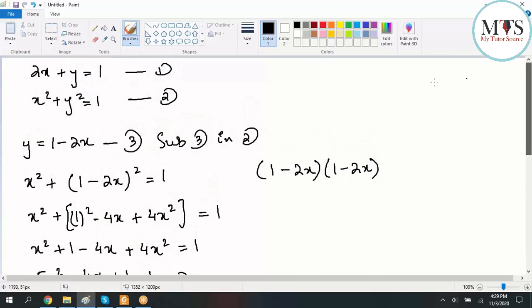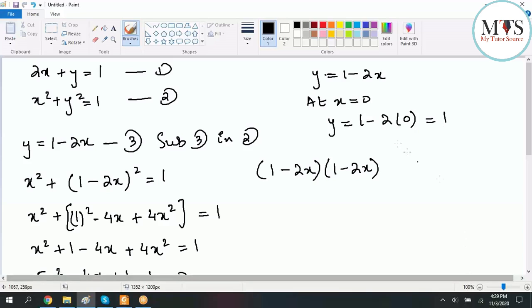So then what we do is we go back to equation 3, which is y equals 1 minus 2x, and we substitute both values of x. So at x equals 0, we have y equals 1 minus 2 times 0, which equals 1.